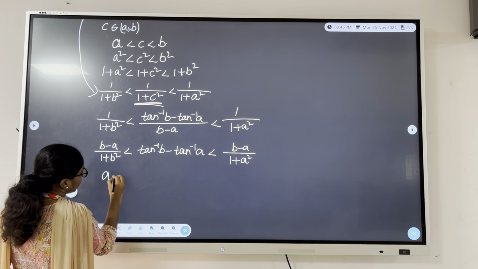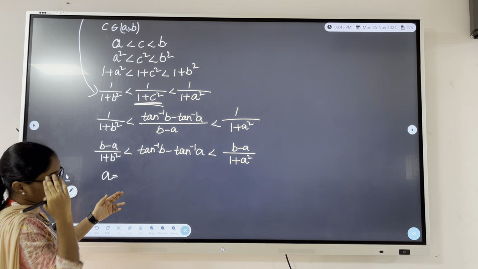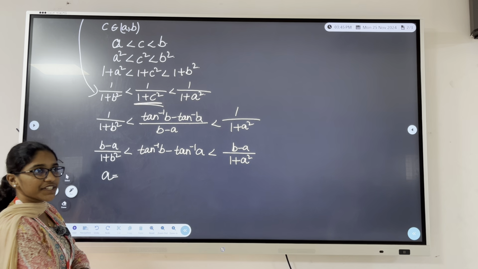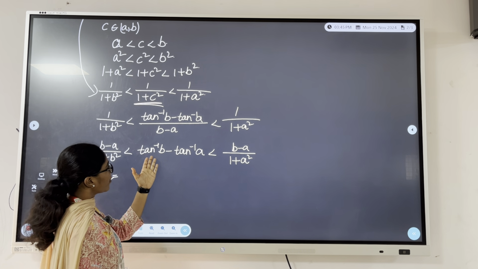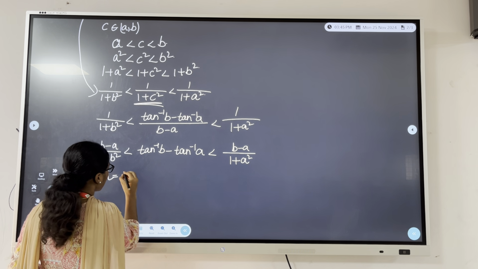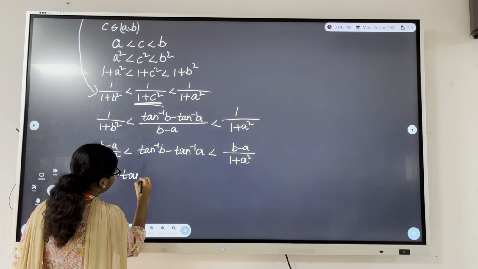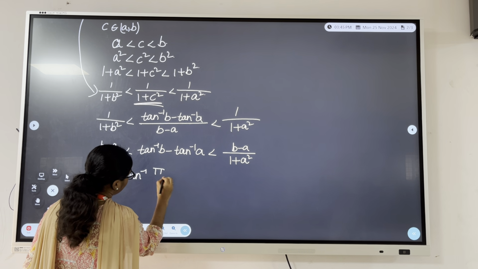Here we get a equals, from the question, the angle given in this question is pi by 4 and the trigonometric function is tan. So let us take tan inverse of pi by 4.